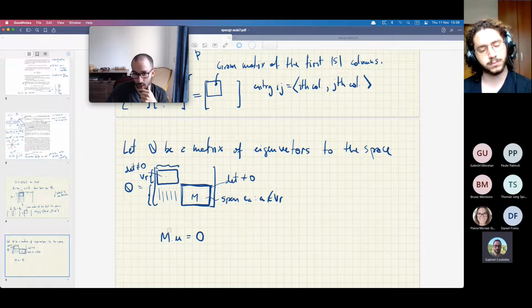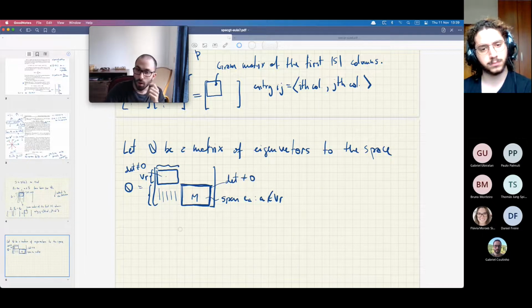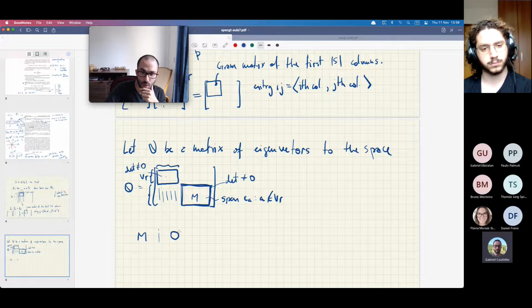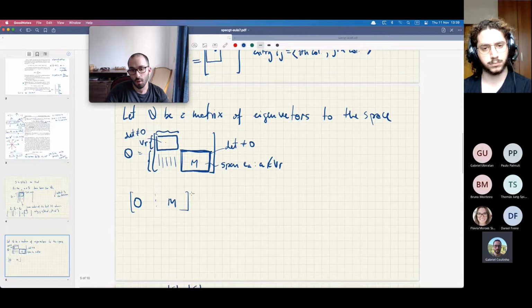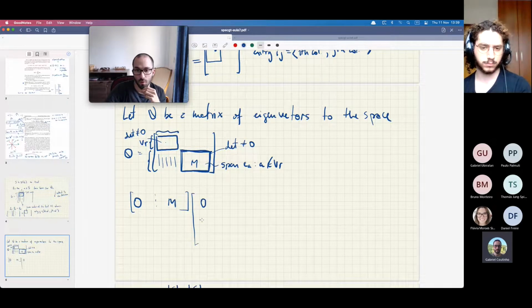I put M followed by some 0 matrix, perhaps the other way around: some 0 matrix followed by M, multiplied by a long vector with the zeros, u, and the result is 0. So this is the same thing as saying that Mu is equal to 0.